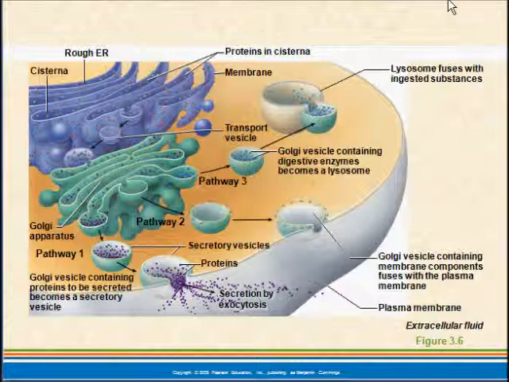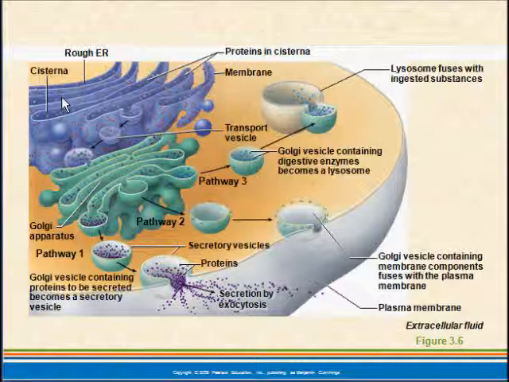The messenger RNA goes out to the rough endoplasmic reticulum, which is actually attached to the nucleus, where the messenger RNA gets read by the ribosomes so that proteins are made and stored in the rough endoplasmic reticulum.